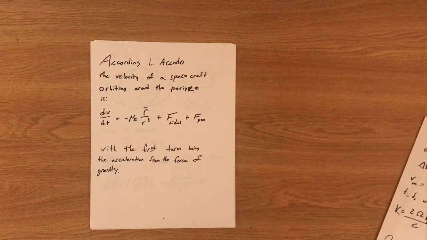According to Acedo, the acceleration of a spacecraft orbiting around the perigee is dv over dt equal to mu of the Earth over r cubed, plus the acceleration from the tidal forces, plus the acceleration from the geopotential forces, with the first term being the acceleration from the force of gravity.